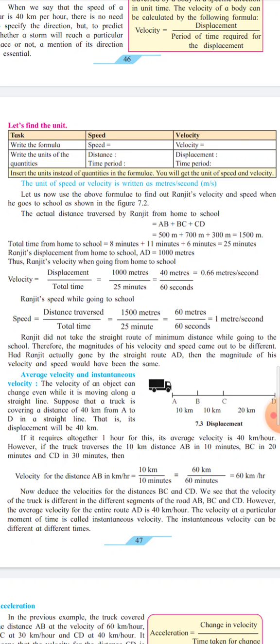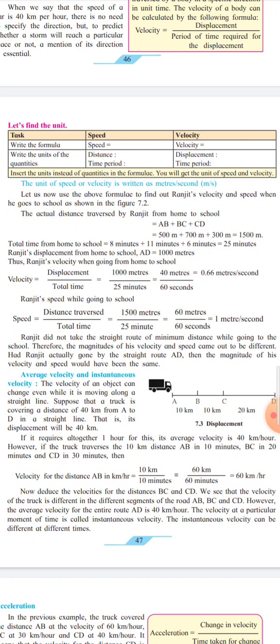We will see the velocity of BC. In BC, the total distance is 10 kilometers and time is 20 minutes. So if we multiply both values, here the instantaneous velocity will come 0.5 kilometer per minute. So you can calculate the velocity of CD.